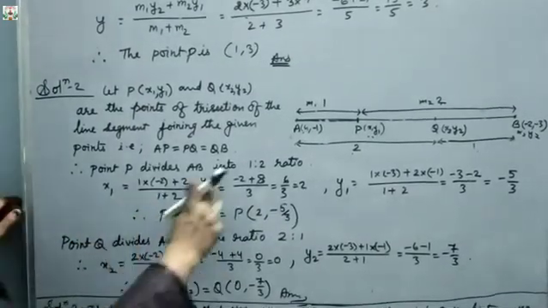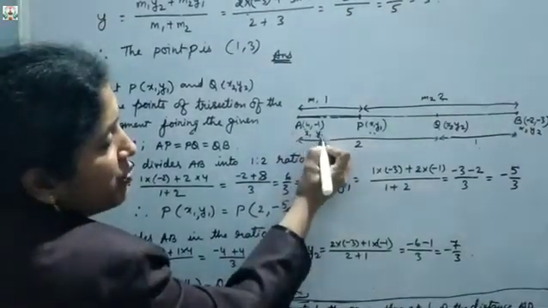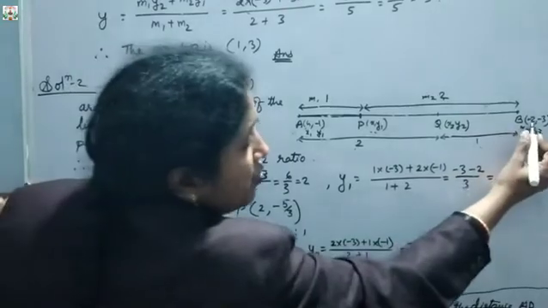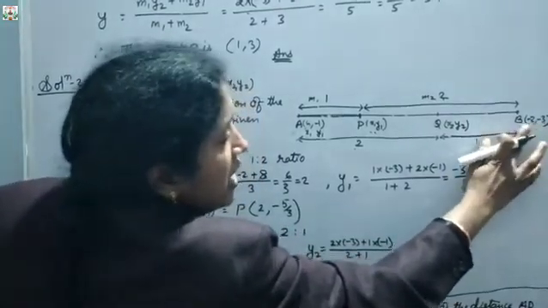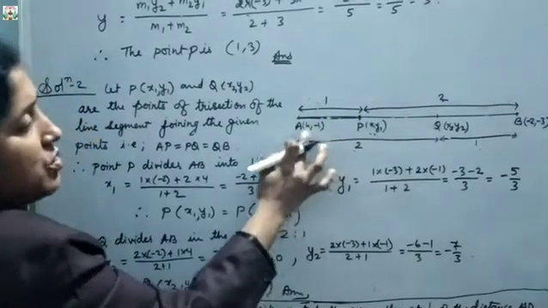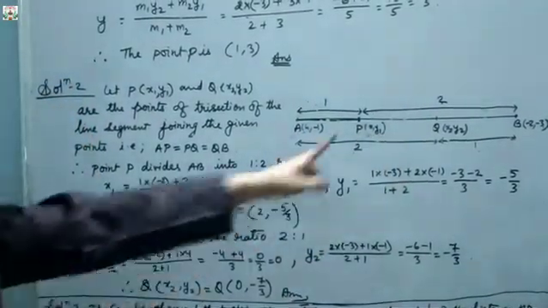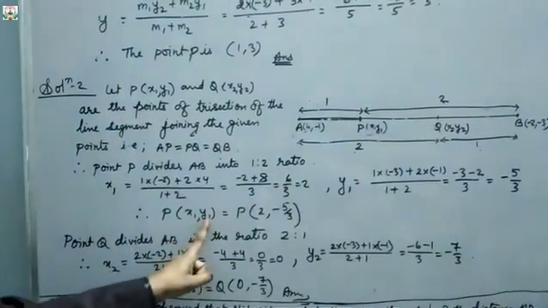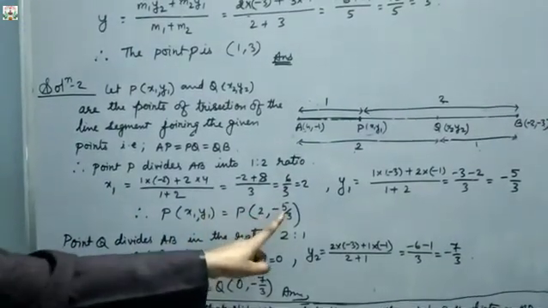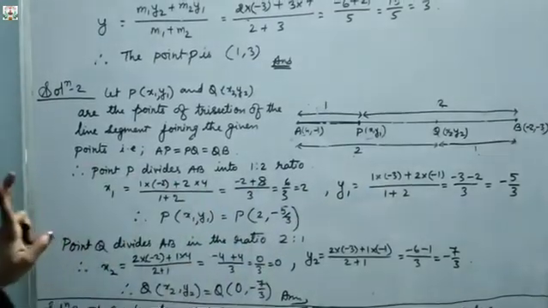All these values you will get from here. This one will be x1 value, this one will be y1 value, this will be x2 value, this will be y2 value. Likewise in the formula you substitute, you will get the coordinate of this particular P point. So P point coordinates will be (2, -5/3) after substituting the values.